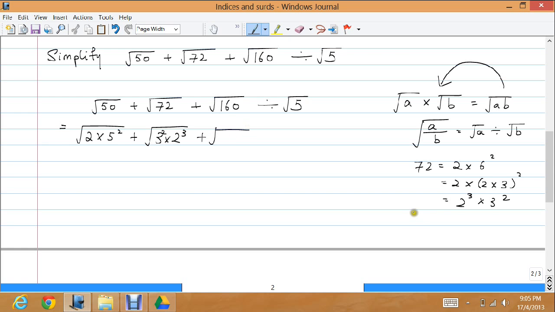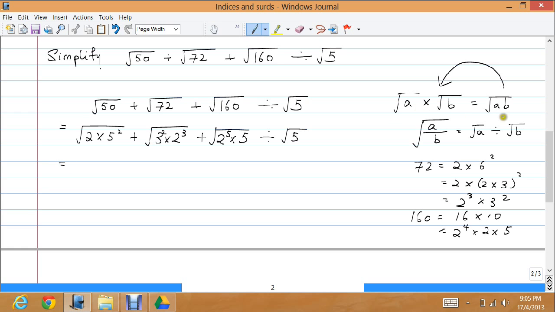160 can be written as 16 times 10, but 16 is actually 2 to the power of 4, so with the extra 2 times 5, I have 2 to the power of 5 times 5. And last but not least, we have 5. Since 5 is prime, we can't do anything to it. So what do we do with these numbers then?